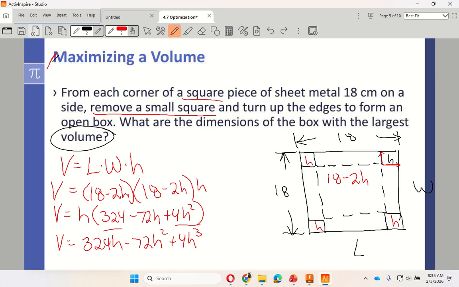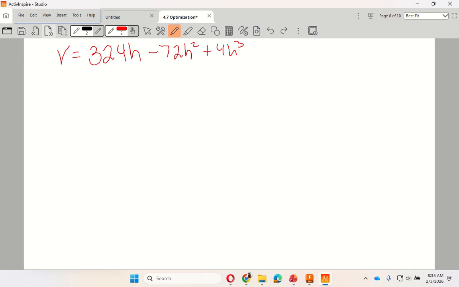Copy it down, right? There we go. Okay, so V prime is going to give me 324 minus 144h plus 12h squared.